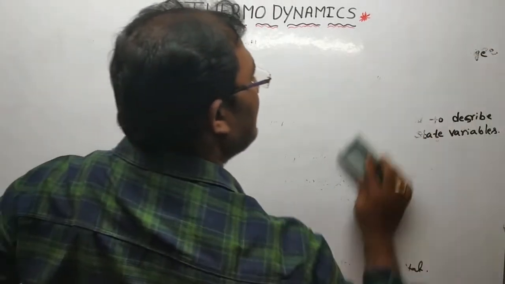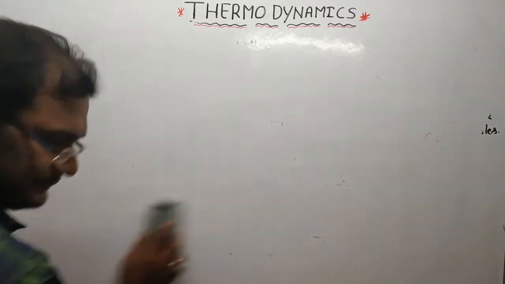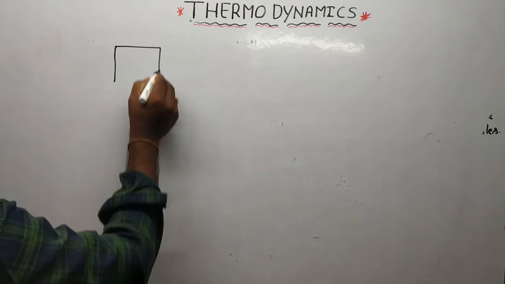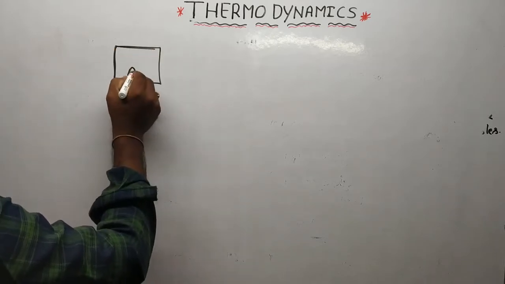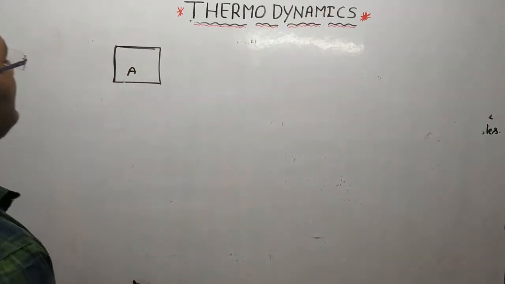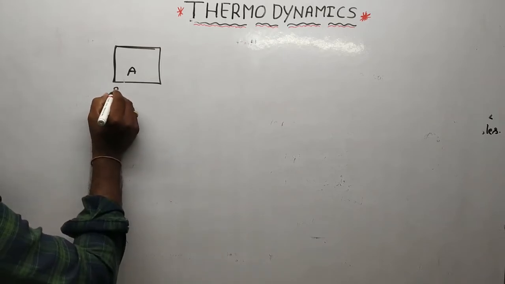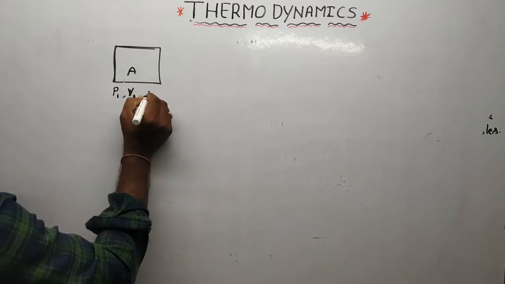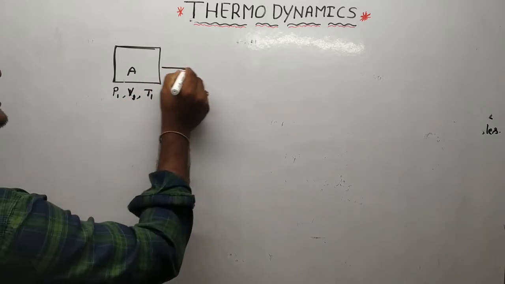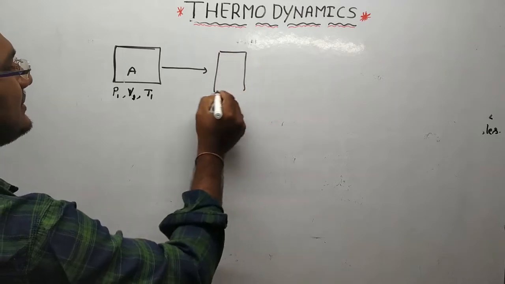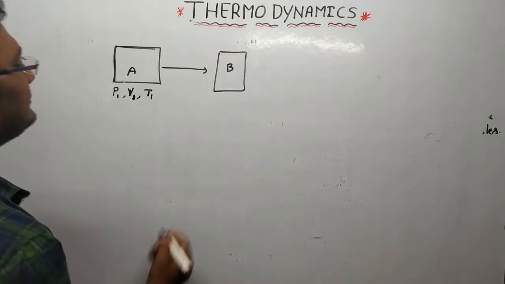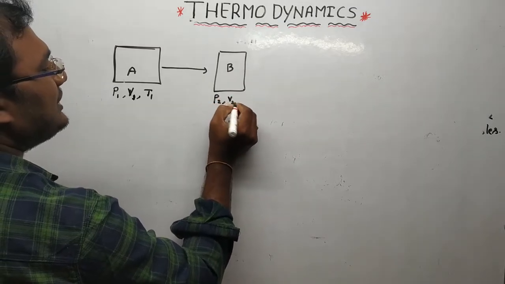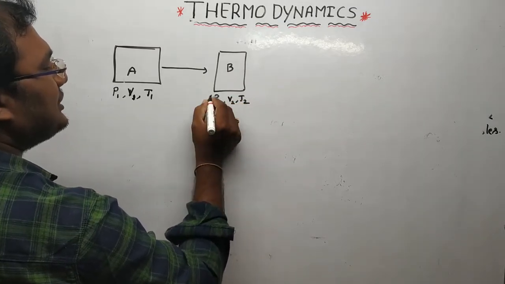For example, if you take any thermodynamic system A, which has the thermodynamic variables initially pressure P1, volume V1 and temperature T1, it is changed to another state B having the thermodynamic variables P2, V2, T2.